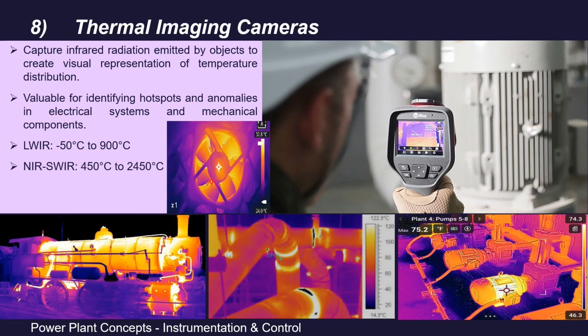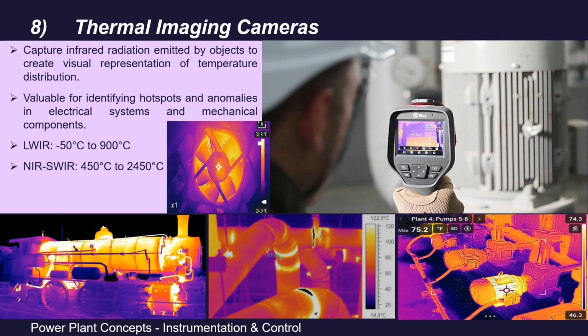And our second type is NIR SWIR for higher temperature measurement, which ranges from 450 centigrade to 2450 degrees centigrade. They are valuable for identifying hot spots and anomalies in electrical systems and mechanical components.